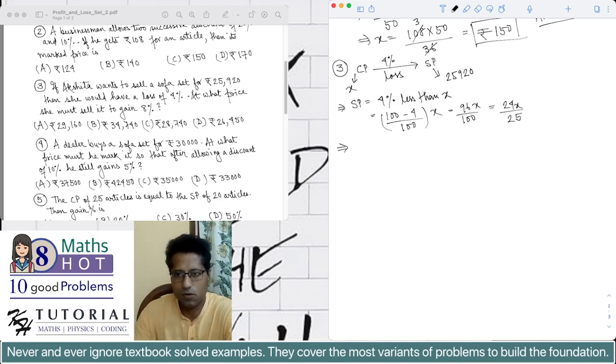Now the selling price we know is 25,920. So we can say 24x by 25 is equal to 25,920. This implies X is equal to 25,920 multiplied by 25 divided by 24.